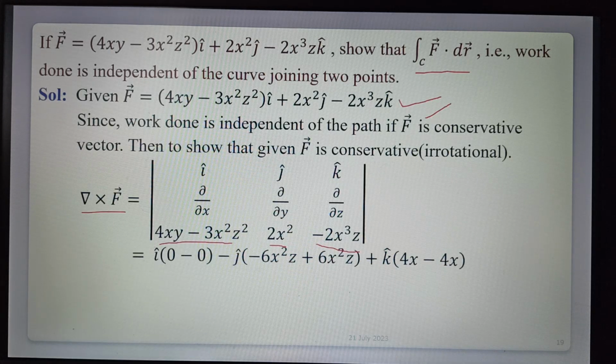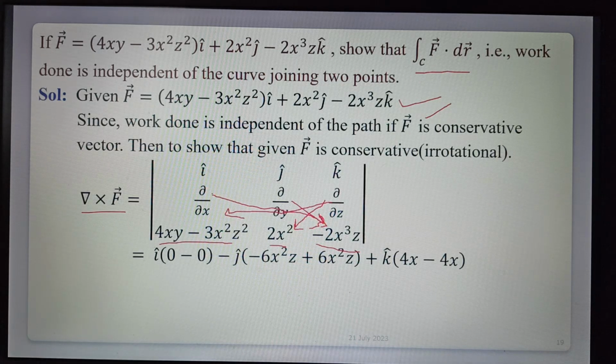Now finding this, i into dou by dou y of this value, 0, minus dou by dou z of this value, 0. Next, minus j into dou by dou x of this value, minus 6x square z, minus dou by dou z of this value, minus 6x square z, so minus minus becomes plus 6x square z, that is 0.